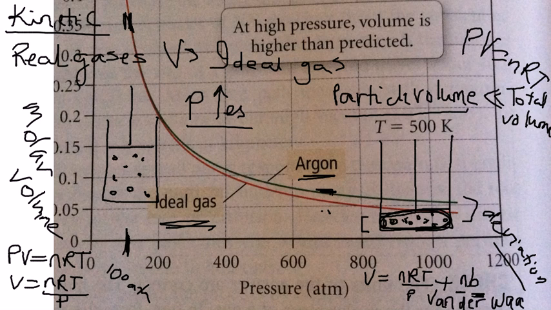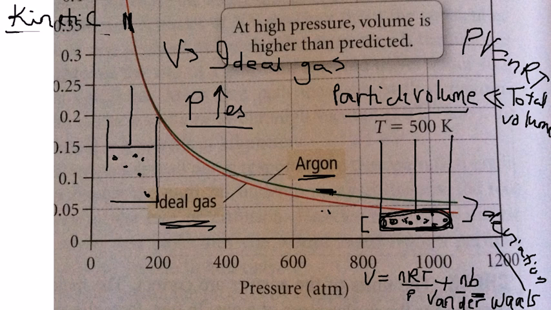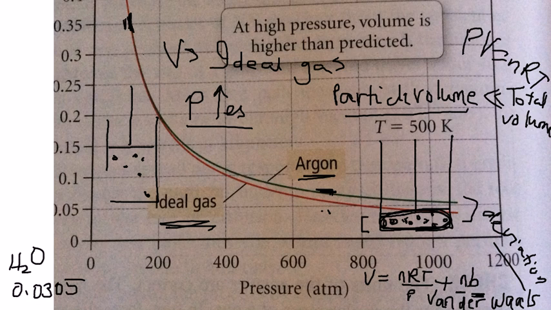And of course, you can perhaps envision that the greater the size of a molecule, the greater will be the value of B. So if you have something like water, H2O, and you compare the value of B, it's 0.0305, and if you compare that to, let's say, helium, the value for that is 0.02370.